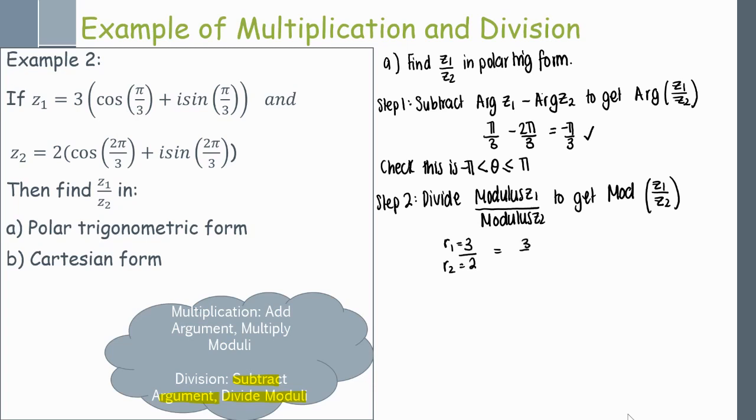So we have the new modulus is 3 over 2. For part A, we just need to write this in polar trig form, which we know how to do. z1 over z2 will become 3 over 2 brackets cos minus pi on 3 plus i sine minus pi on 3.